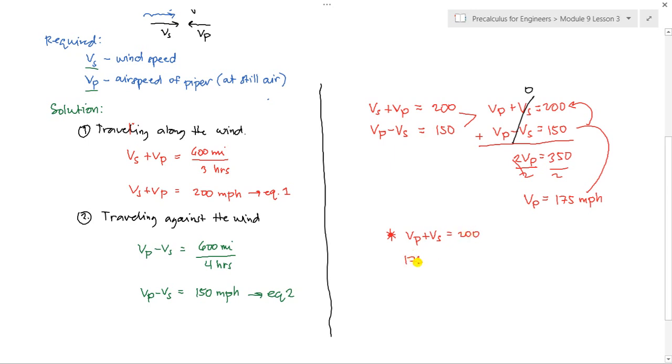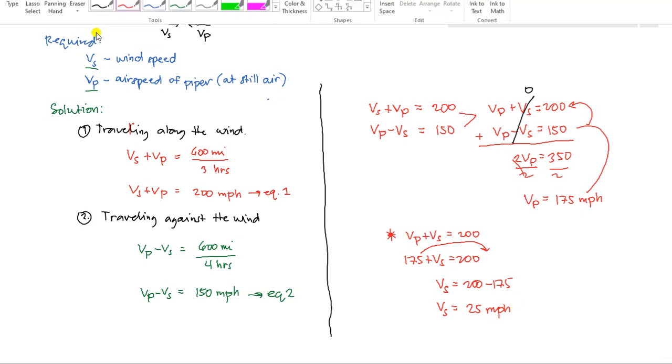So that is 175 plus Vs is equal to 200. So transposing to the other side, Vs is equal to 200 minus 175. So Vs here is 25. So therefore the speed of the wind is much smaller, 25 miles per hour.